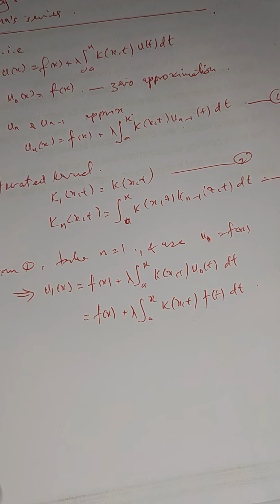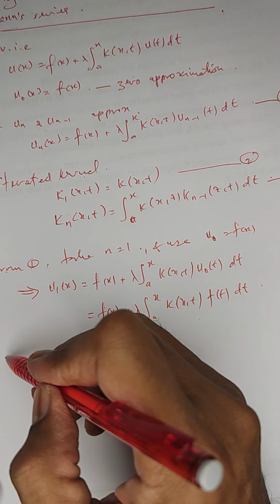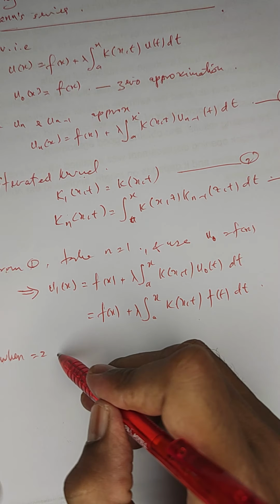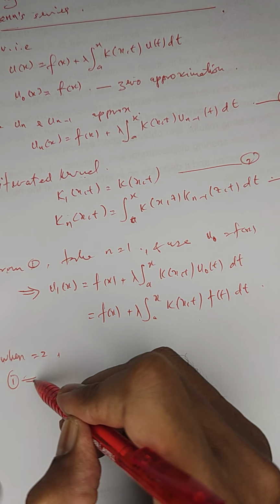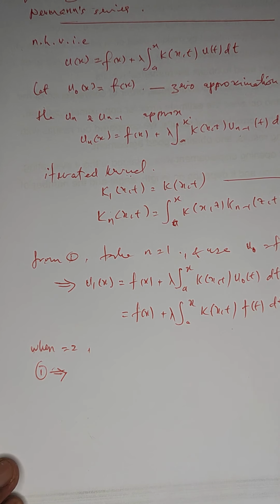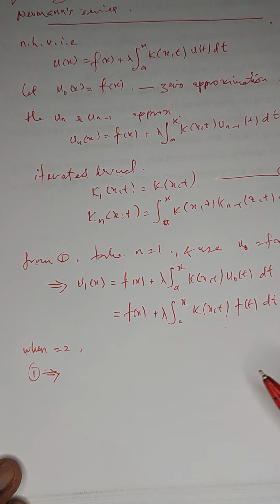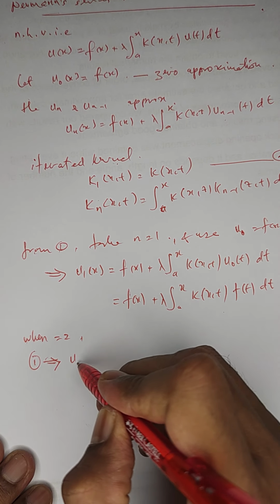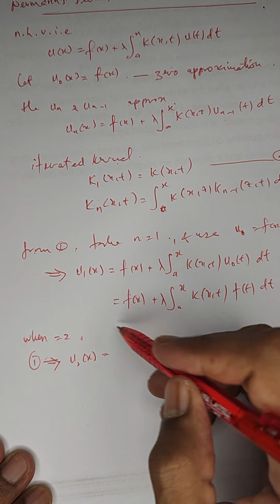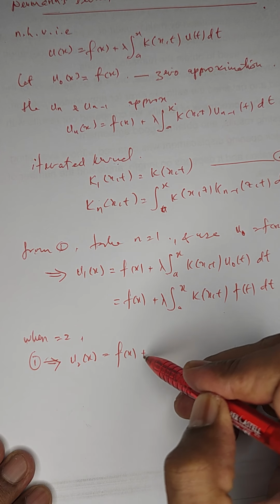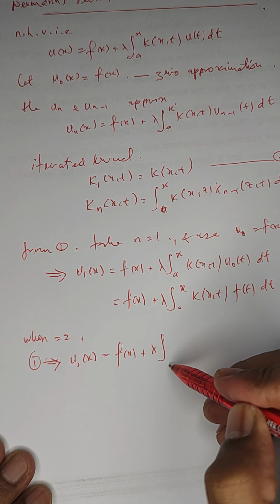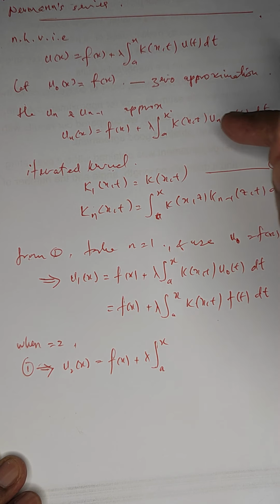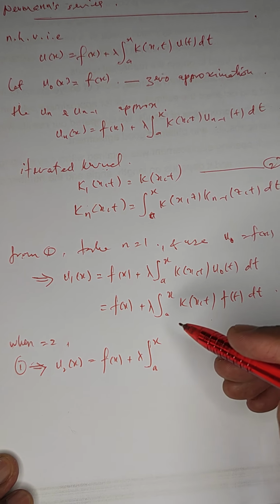So when n equal to 2, then from 1 we have u2(x) is f(x) plus lambda integral from a to x of k(x,t) u1(t) dt, just following that with n equal to 2.